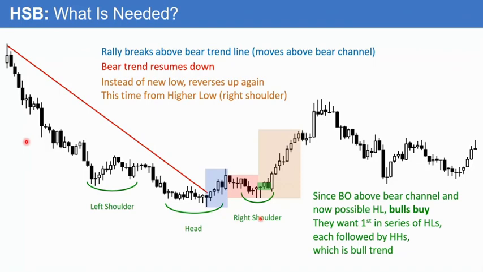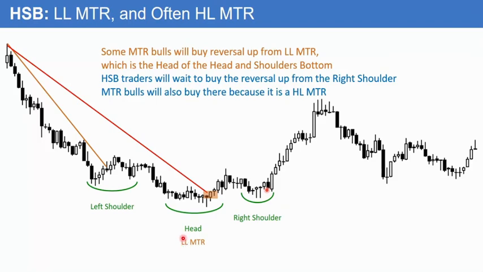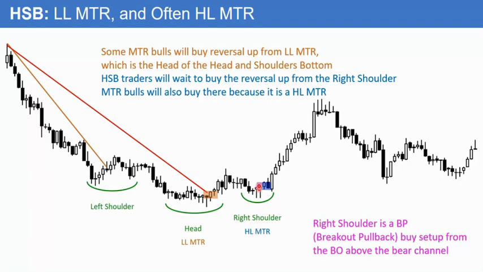You see what I was telling? The trend breaks the trend line, tries to continue but fails, then breaks out. And here we have a breakout pullback. Lower low, major trend reversal. Higher low, major trend reversal.